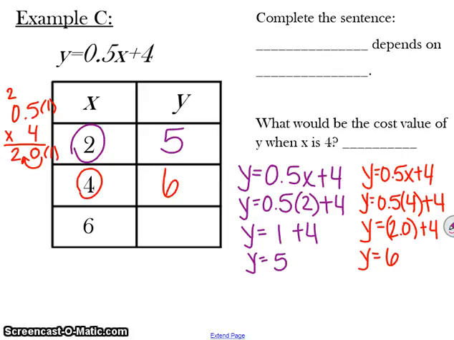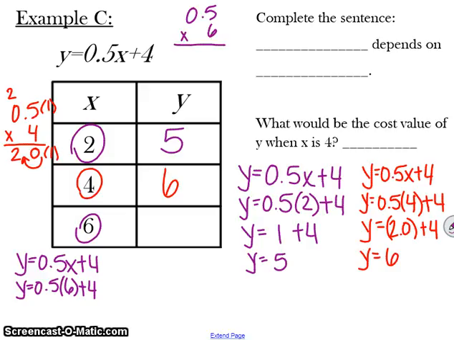Then I have the last one, so I have y is equal to 0.5x plus 4, but this time I'm putting that 6 in there. So y is equal to 0.5 times 6 plus 4. Again, not really sure what 0.5 times 6 is, so let's find out.